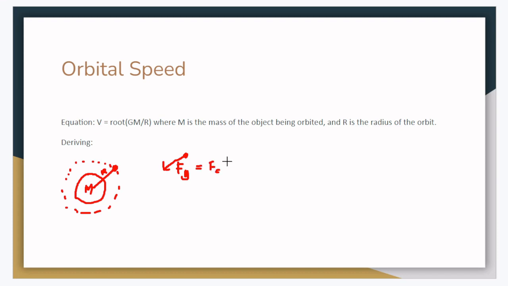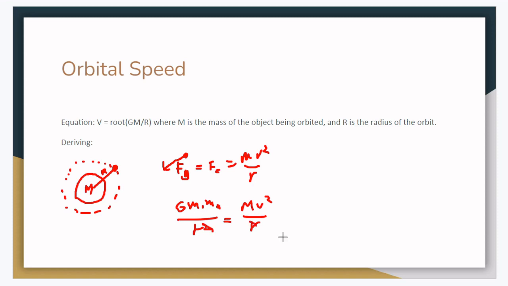And what is the calculation for centripetal force? That's mv squared over r, where m is the object that's doing the rotating. So let's set those equal to each other. Fg is equal to G m1 m2 over r squared, and that's equal to mv squared over r. These r's are equal because that's the r of rotation, so we can get rid of that.